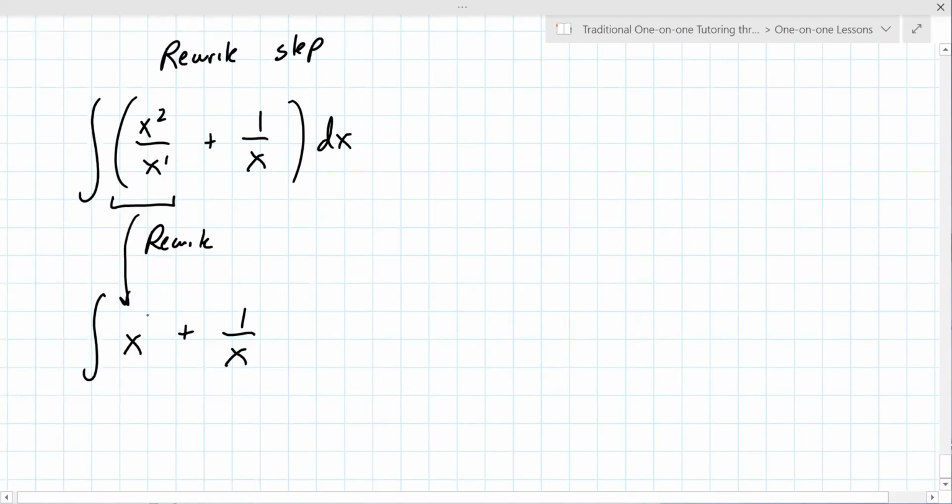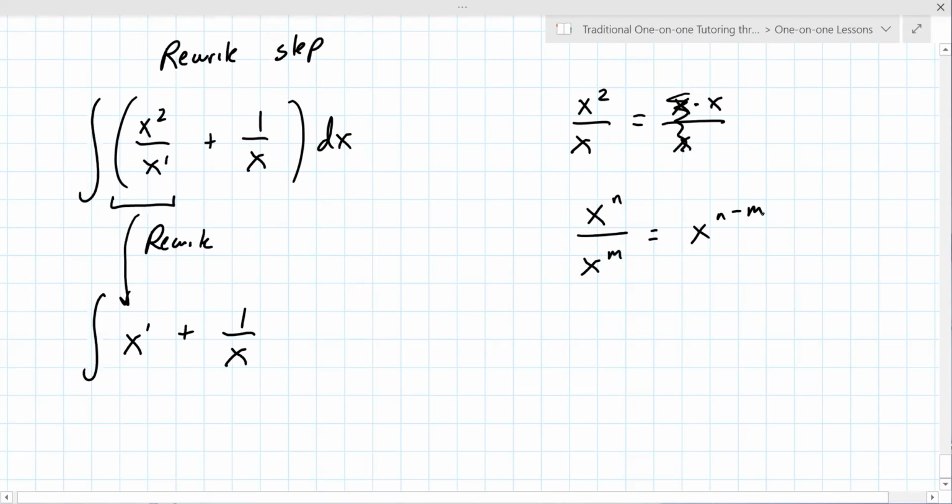Are you okay with that? X squared, no? Well, but it's divided by an x. So x squared over x is like saying x times x over x. So some of them cancel. There's also this power rule, x to the n over x to the m equals x to the n minus m.